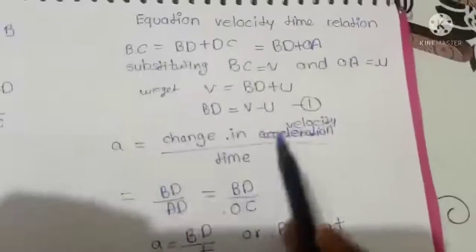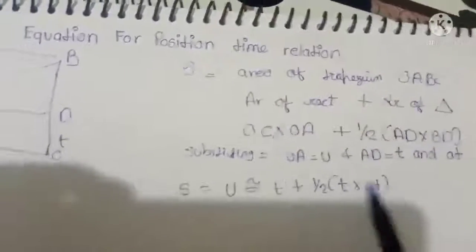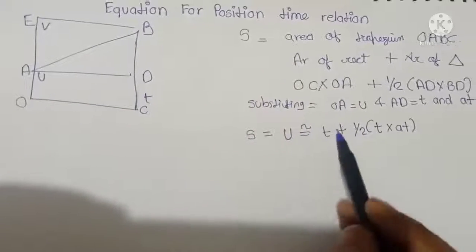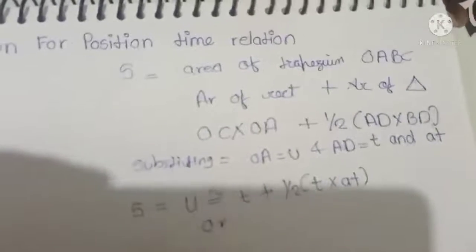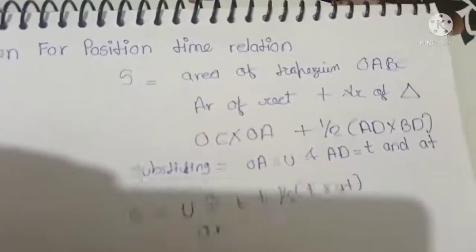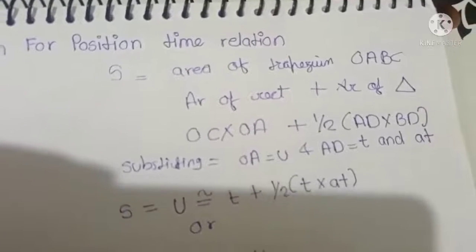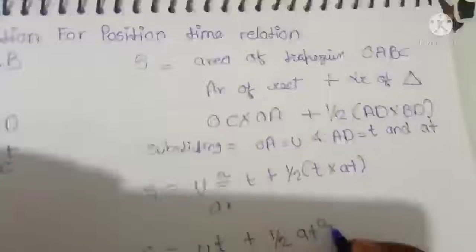From the previous we know that BD equals acceleration into time, and AD equals time, and OA, the initial velocity, is the velocity from the start. So we can write distance equals UT, initial velocity into time, plus half into AT square.